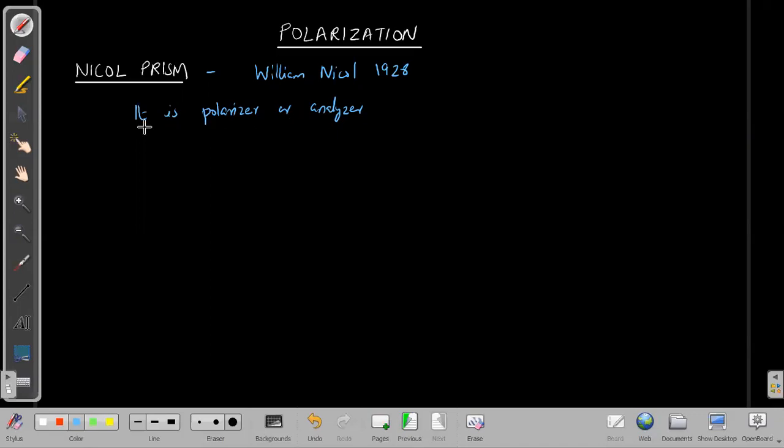Okay. Now, this Nicol prism is basically utilizing two phenomena in optics. The phenomena they used is one is double refraction, which we already discussed in detail, and the second phenomena it utilized is total internal reflection.